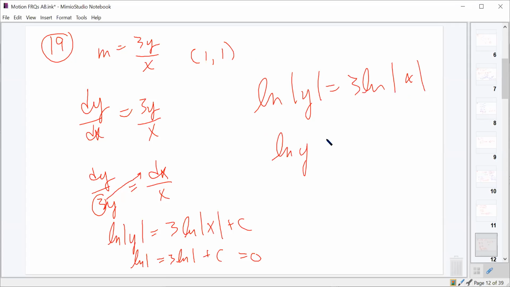So really this is natural log of y equals natural log of x to the third power. And if we raise this as powers of e, if we exponentiate it, we end up with y equals x cubed, which was choice C, I think? Good or no?